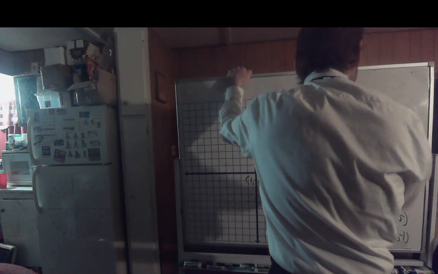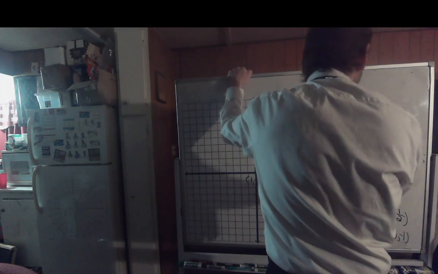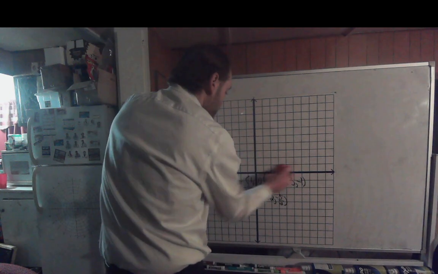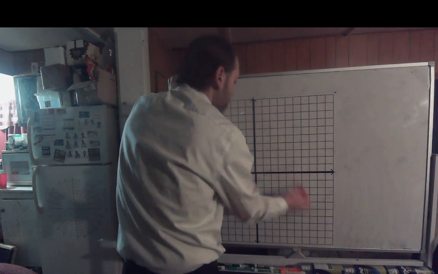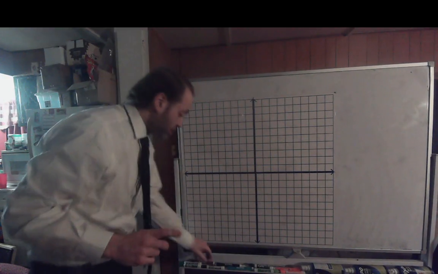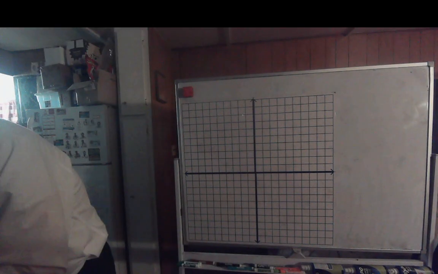Now, like in the last exercise, we're going to do some characteristics here. We're going to be given some characteristics of an ellipse, and we got to find the equation. So let's see what characteristics we're given.